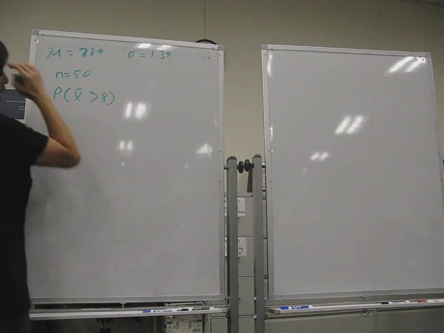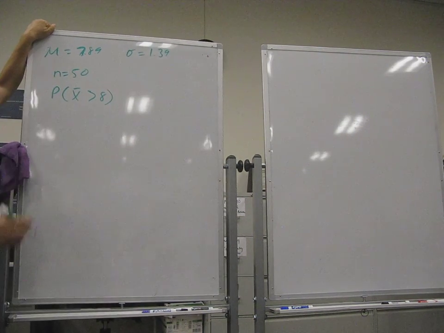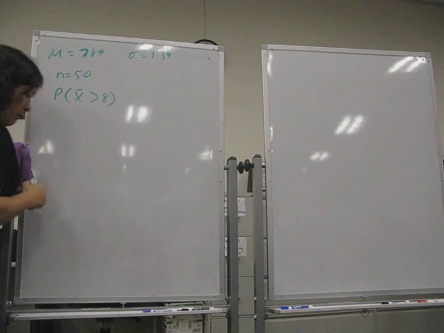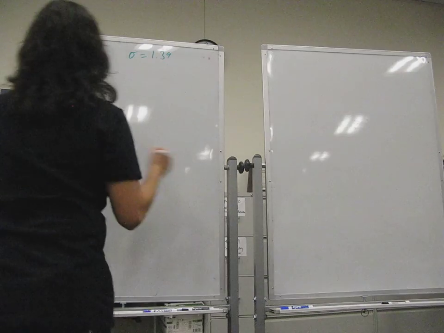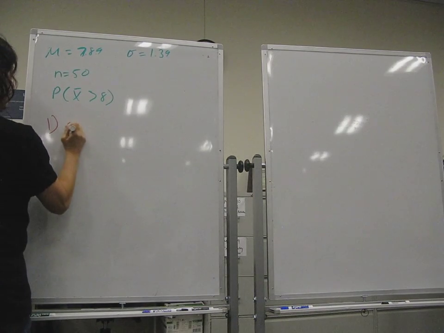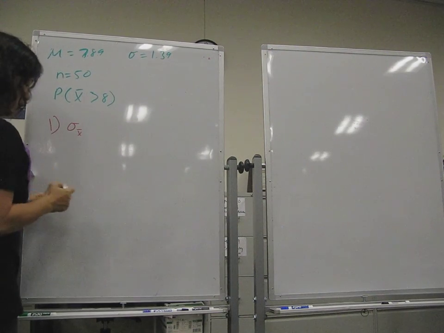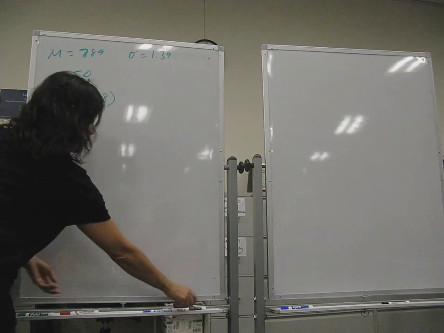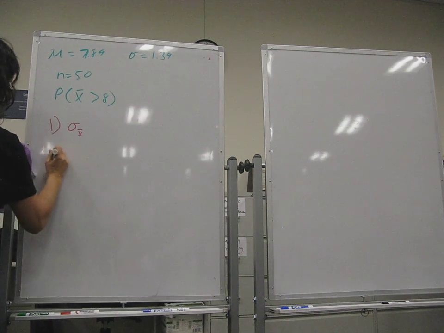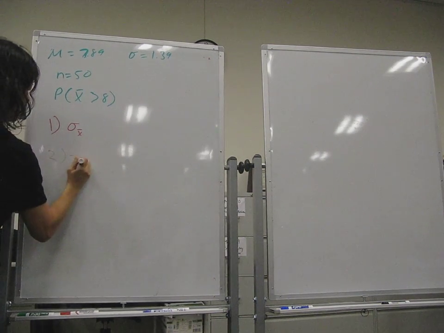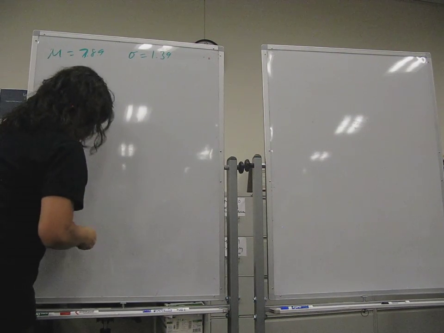Okay, so I need to find my sigma x bar first. It's the first thing I should be thinking. So number one, find your sigma x bar. Step two, find your z-score.